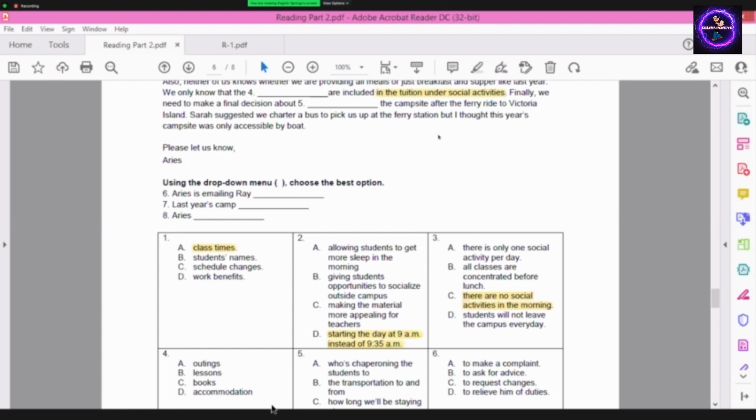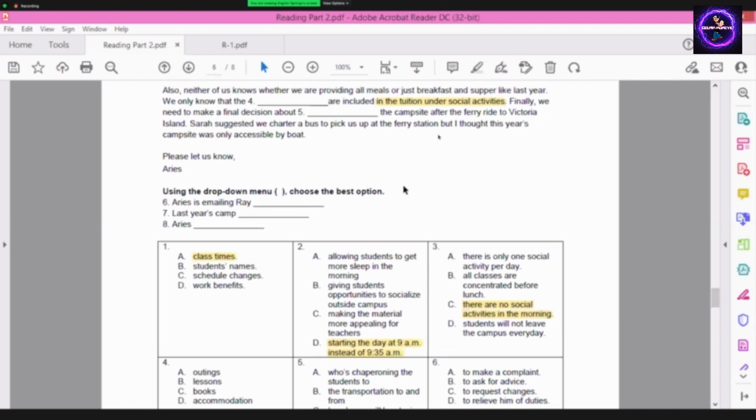Because they're talking about food, when we always say food, we also talk about accommodation. One second, let me just think. We only know that dash are included in the tuition under social activities.